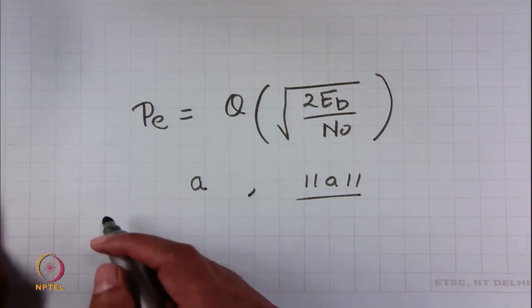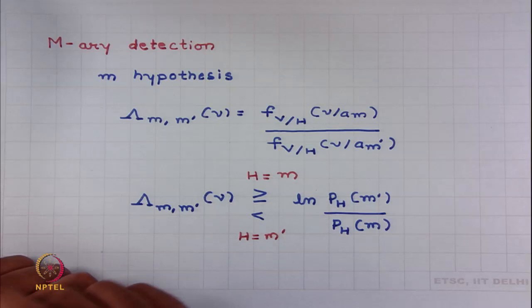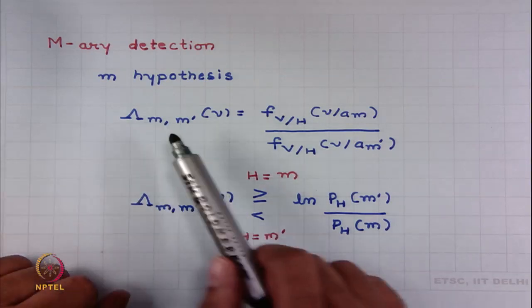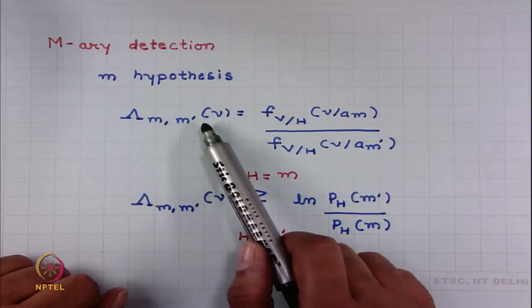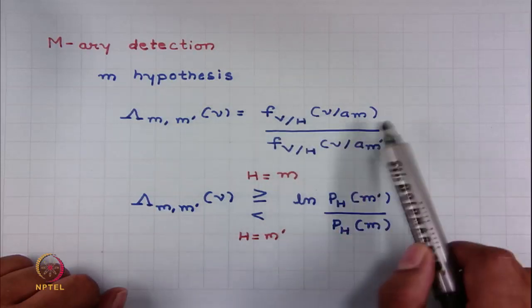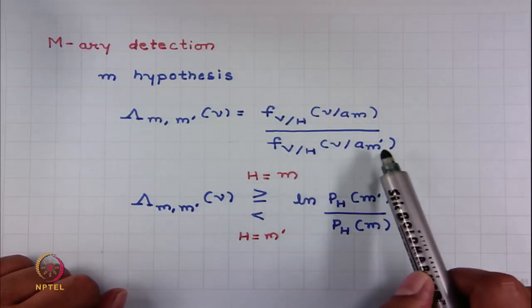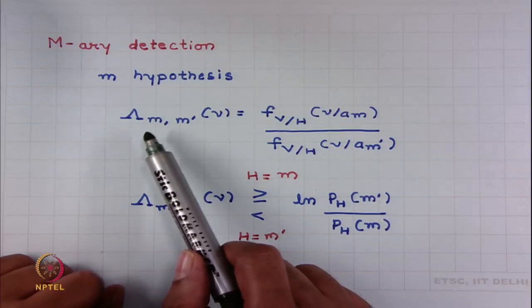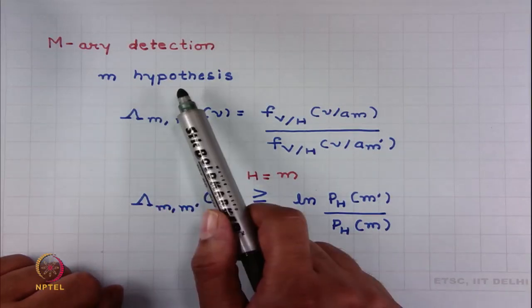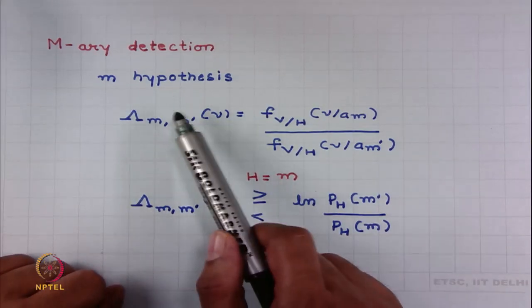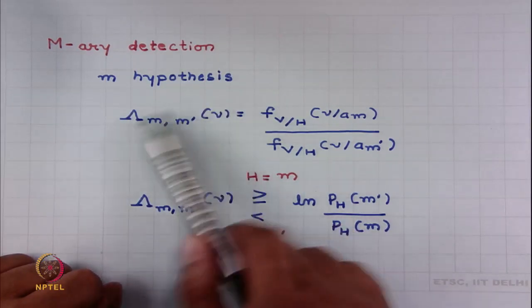Today we will start with M-ary detection. In the M-ary case we have M hypotheses, so M possibilities, and we can define the likelihood ratio in the same way as we have done previously. The only difference is that because there are M hypotheses, we need more likelihood ratios.